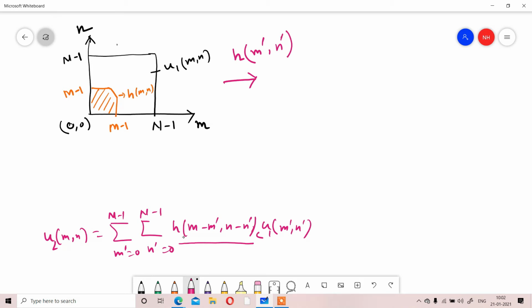If we represent h(m', n'), obviously that axis will represent the m' axis, that axis will represent the n' axis, and it will remain the same structure. Whatever the position is, it will remain the same structure.